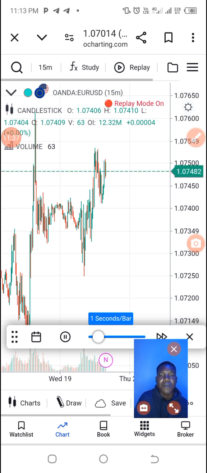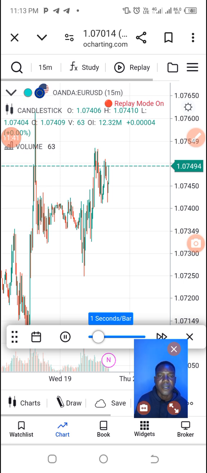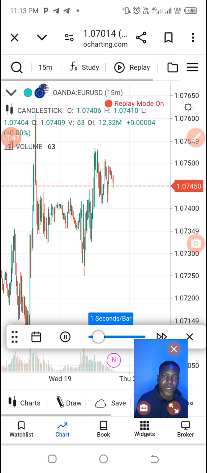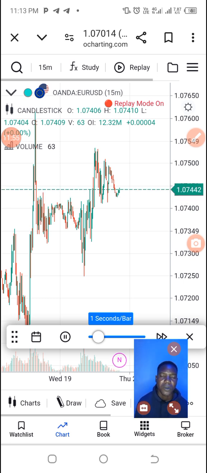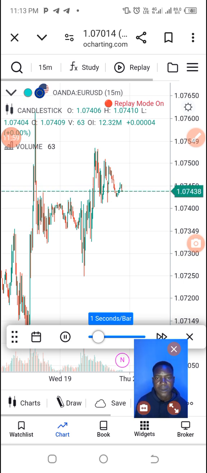And it kept on, still consolidating, creating more liquidity and getting more people fidgeting, getting people confused, getting people scared, thinking, oh, it's going to take me out, so where's it going to go, and all that.